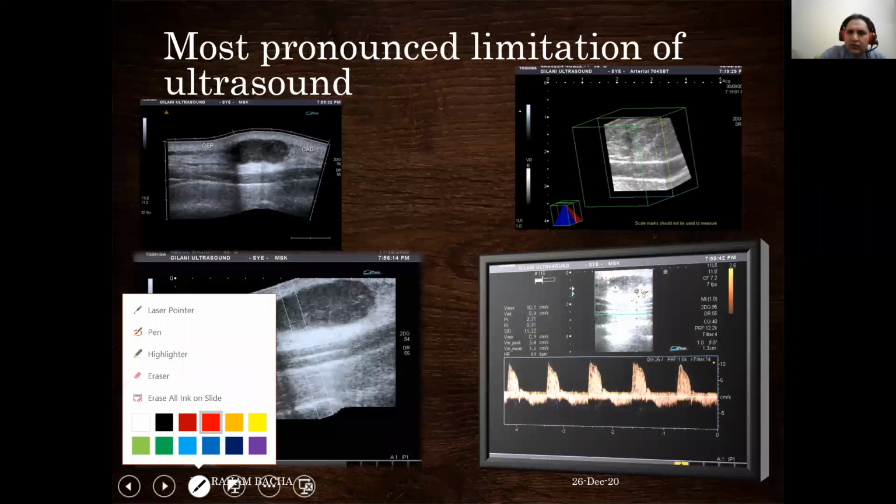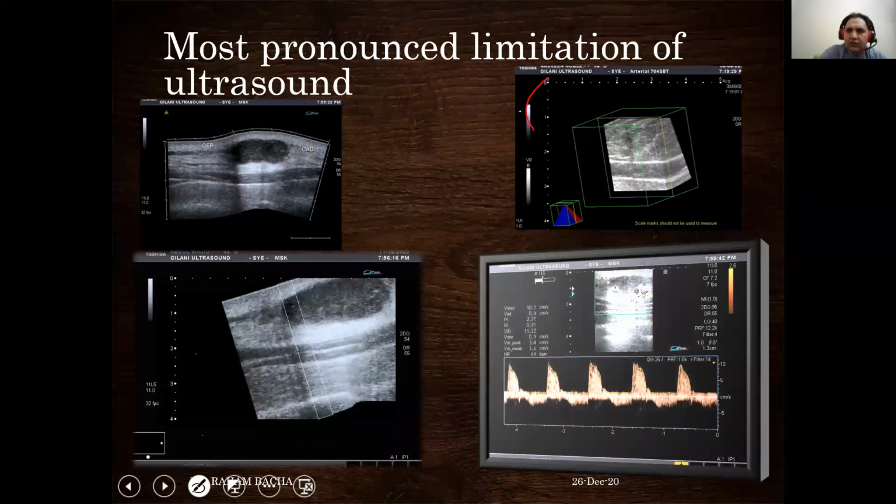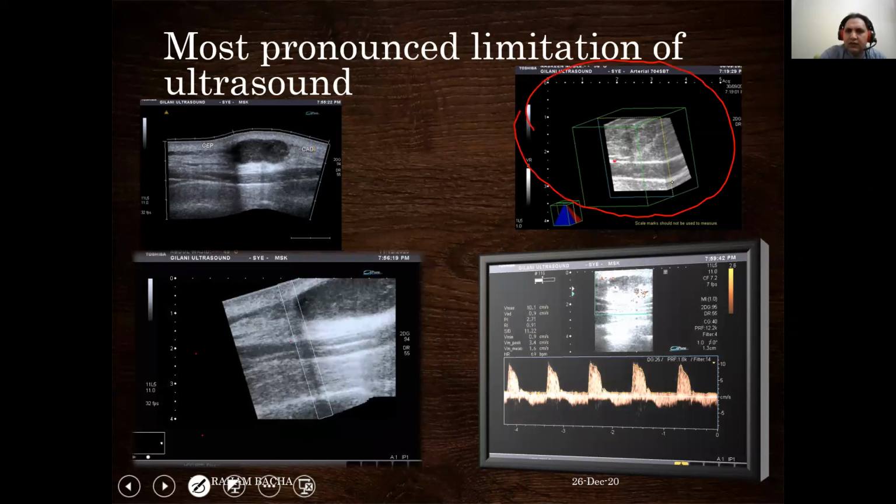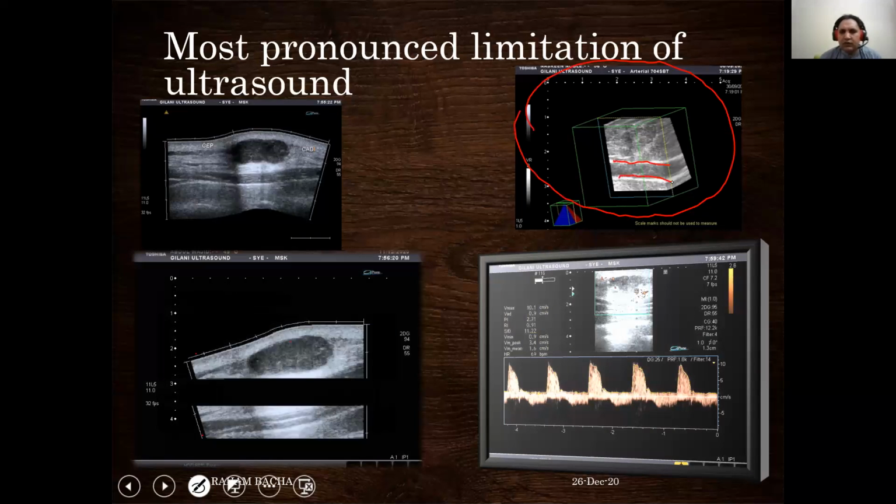You can see this is a three-dimensional image of the vessel, but still it's difficult to recognize. So how could we overcome this limitation of ultrasound? That is only possible by improving the operator's knowledge, so he can decide on the real-time ultrasound image.